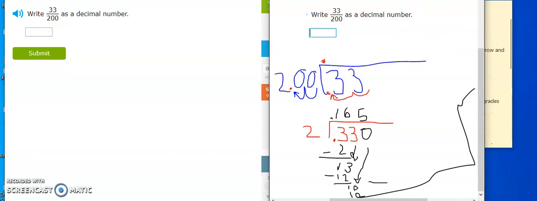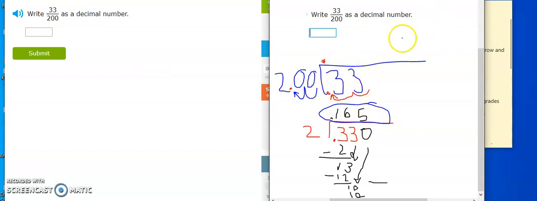And then 10 minus 10 is going to give me 0, so that's 0 left over. All right, so my final answer in this problem is 0.165.